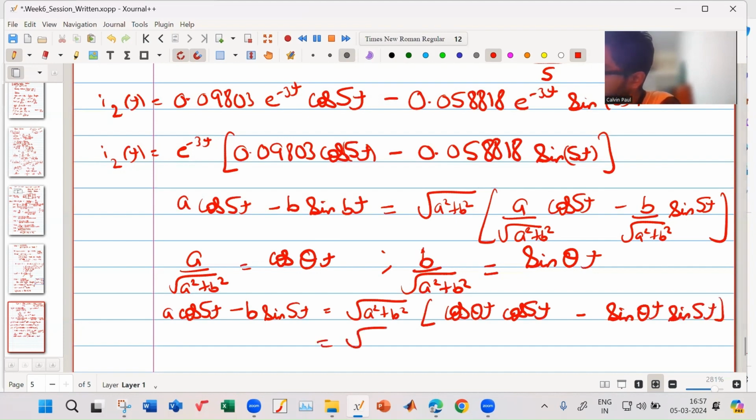This is of the form square root of a square plus b square into cos of phi t plus theta. It is not cos theta t, it is just cos theta, sorry.